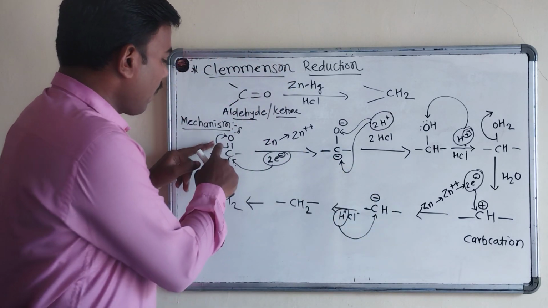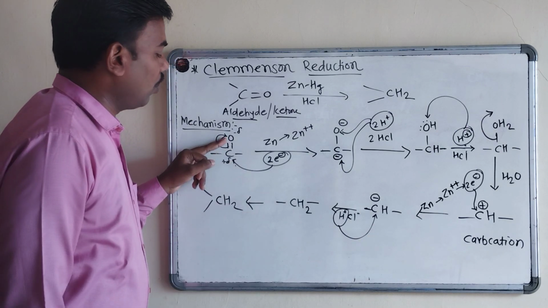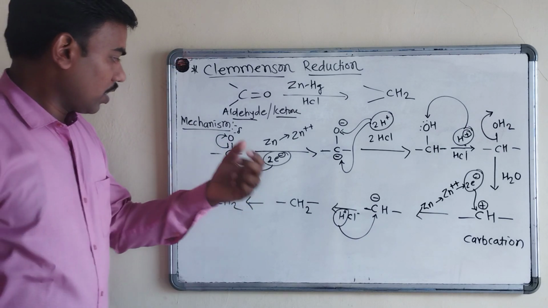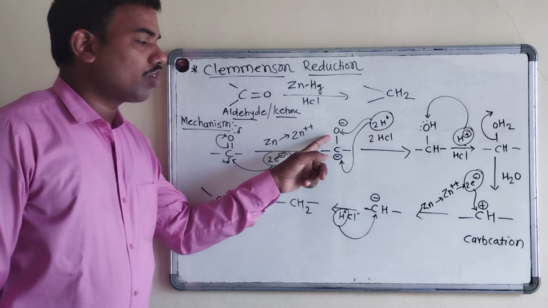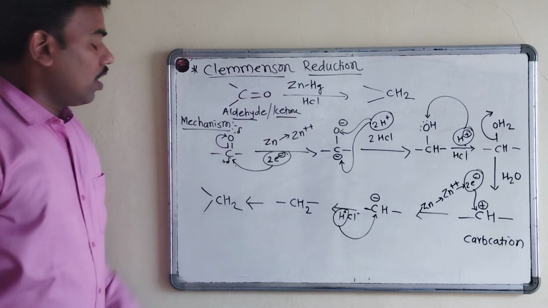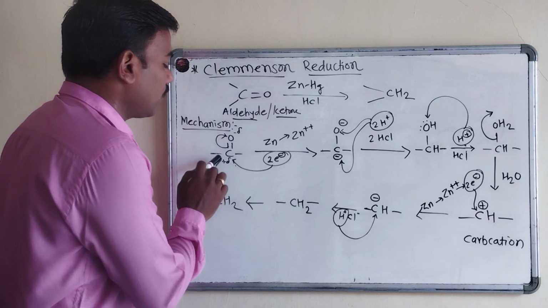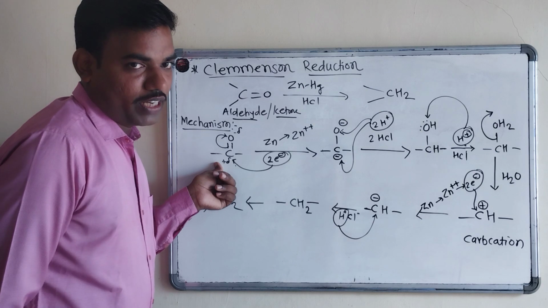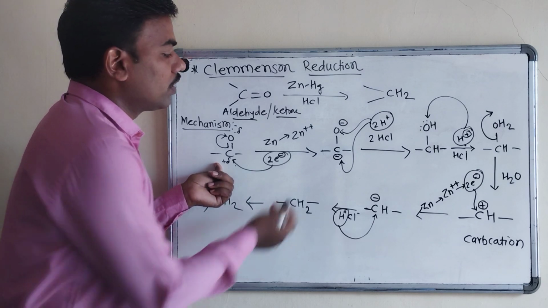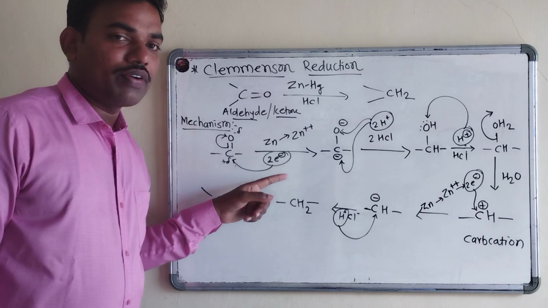So once these electrons are caught by this oxygen, which possesses negative charge, then we can say this carbon will now be positive charge, but here I have shown negative charge. Why? In the next step I will tell you.